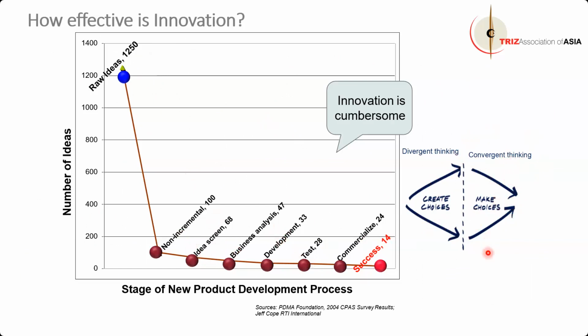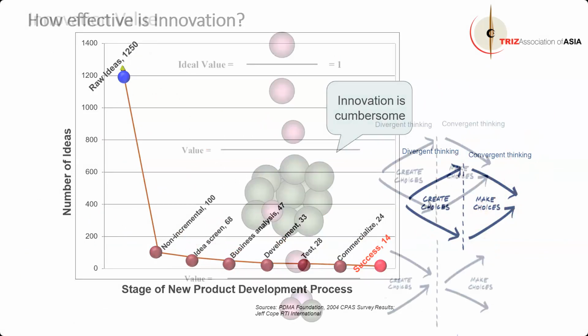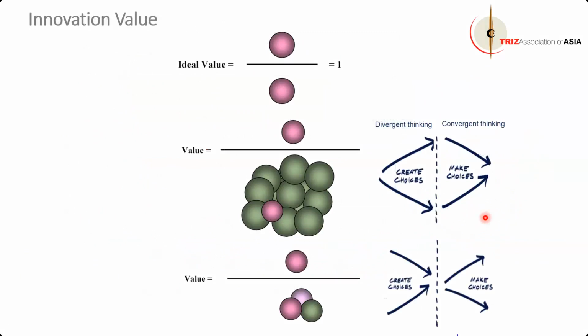Now let's look at it quickly. We put a lot of resources, time and money on creating choices, then filtering them out. We put the same thing again over there. Now, ideally, what do I want? I want only one idea. So how many ideas should I propose? Maybe only one.